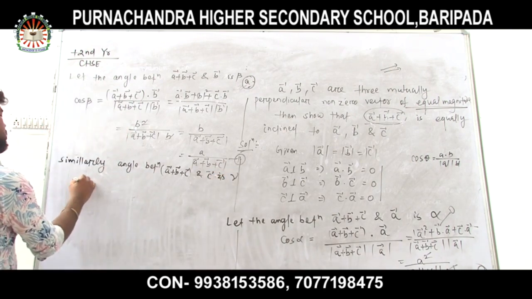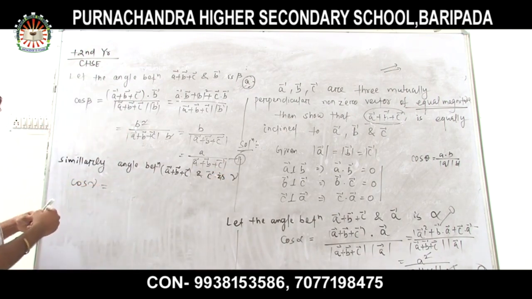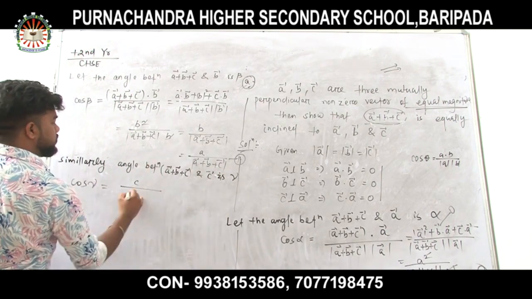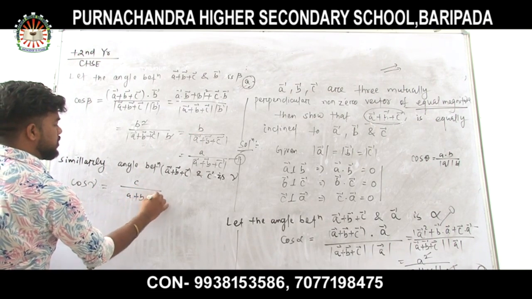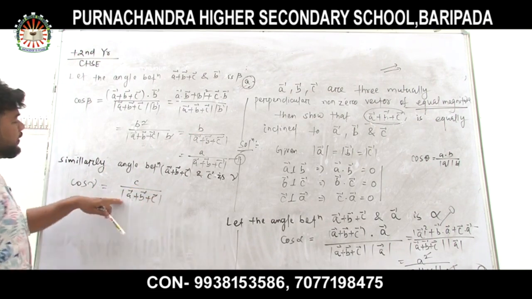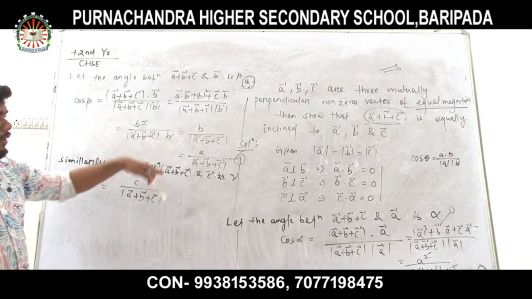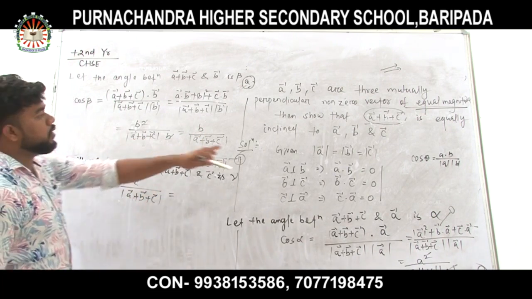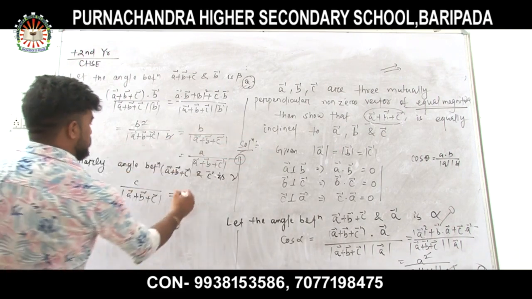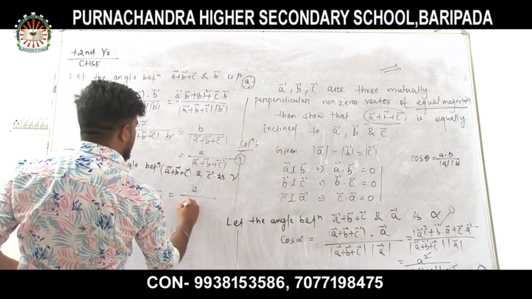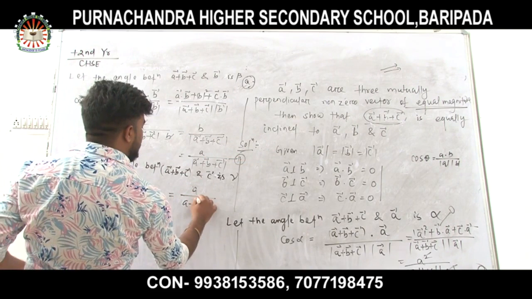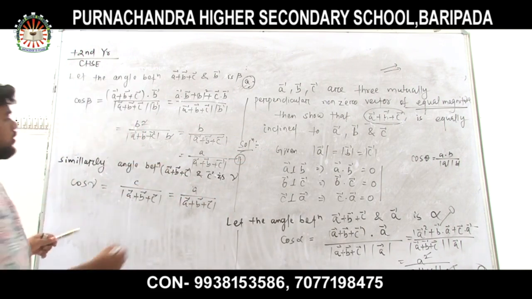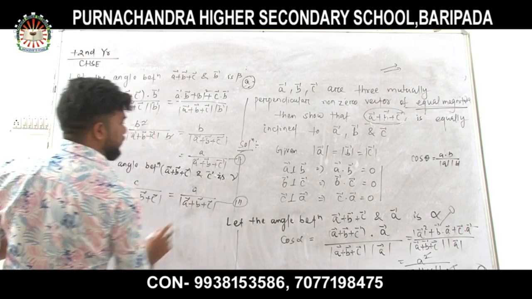Then cos gamma is C magnitude by magnitude of A plus B plus C. Similarly, C magnitude is equal to A magnitude and B magnitude, so we can write magnitude of A by magnitude of A plus B plus C. This is equation 3.